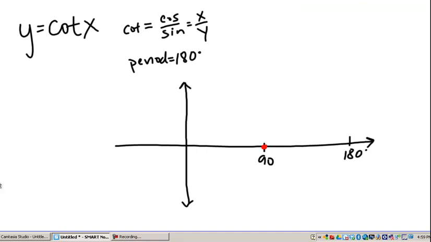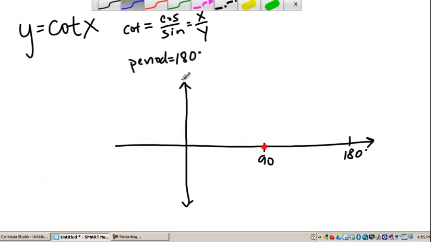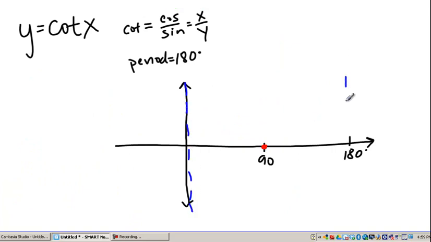And at 0 degrees, it's (1, 0). Our x is 1, y is 0, so again, that would create an asymptote at 0 degrees and 180 degrees.